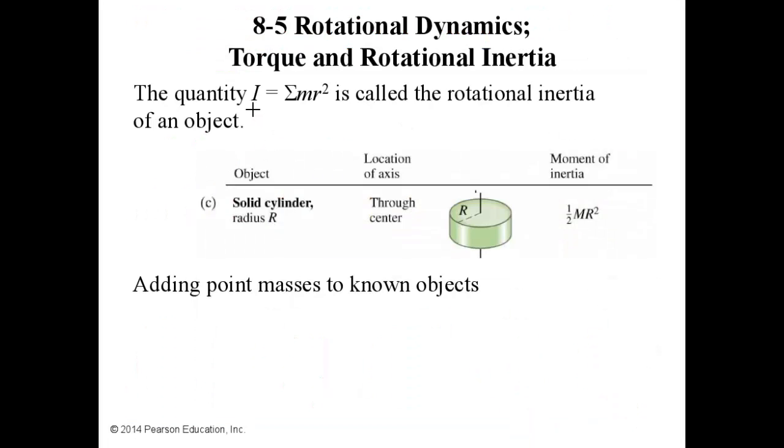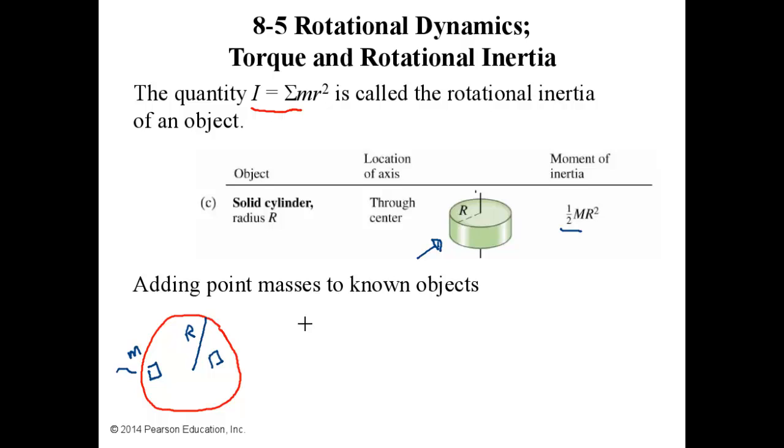Because we know that this quantity is defined to be the sum of all the masses multiplied by the radius squared, we can actually add masses to the rotational masses of known objects. For example, if you had a merry-go-round and you treated that merry-go-round as a solid cylinder or disk, you know what the moment of inertia of that is going to be. Suppose you decided to plop two children, each of mass m, located at the radius r away from the center.